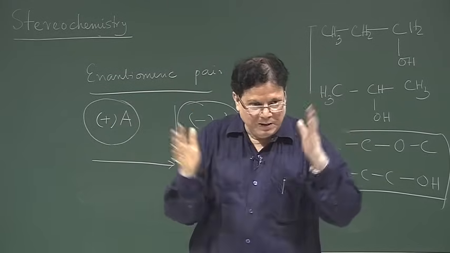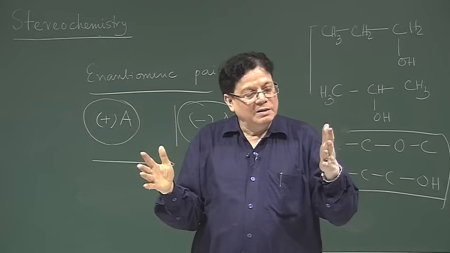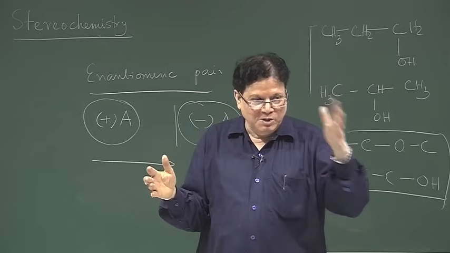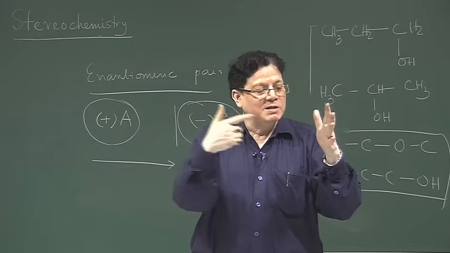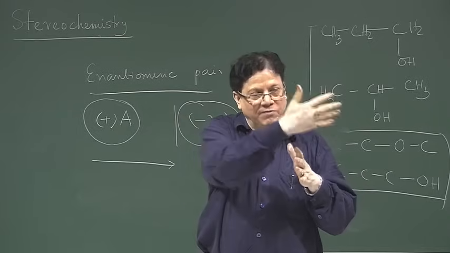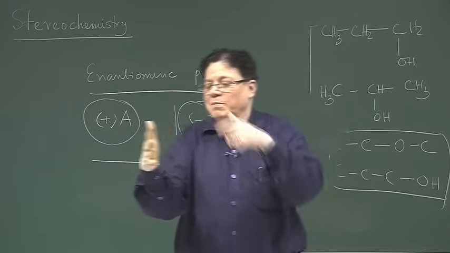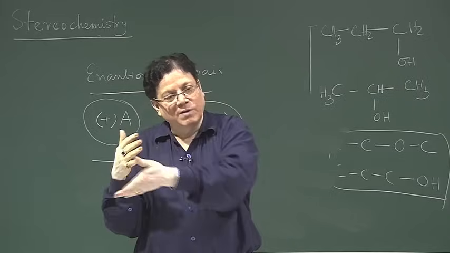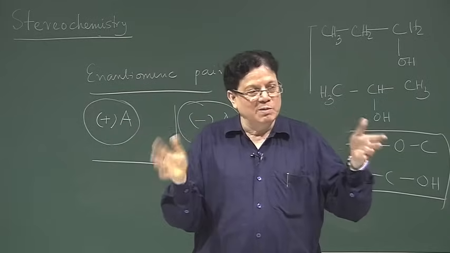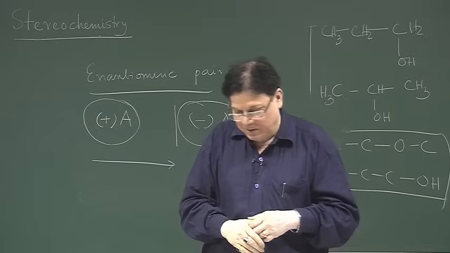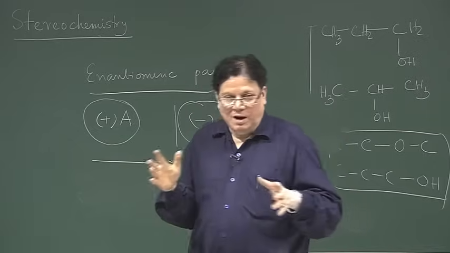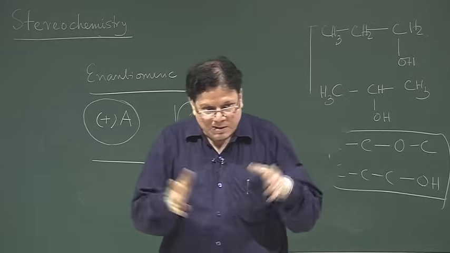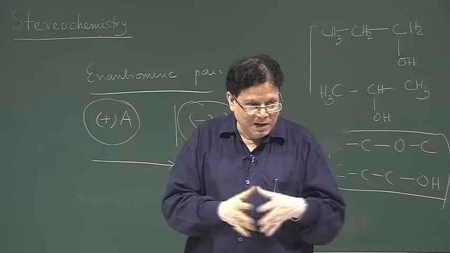If I consider this as a molecule and light passes through it, the light will suffer rotation. If light passes through the other, that will also suffer rotation, but the two rotations will be just opposite to each other.